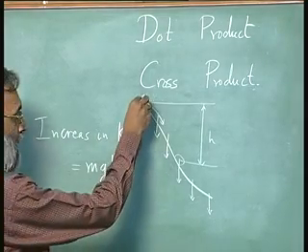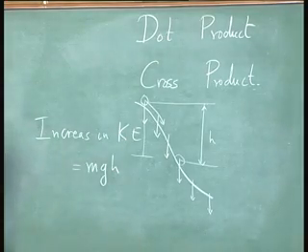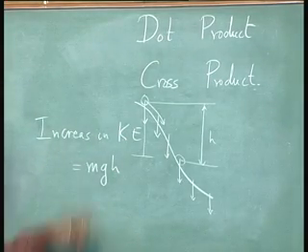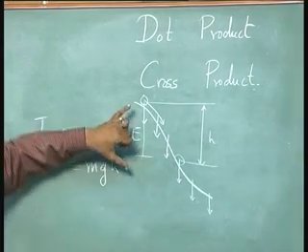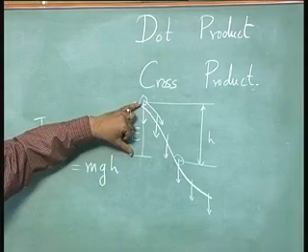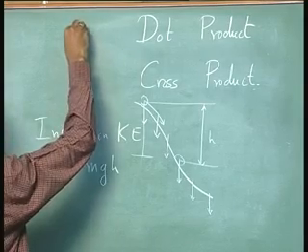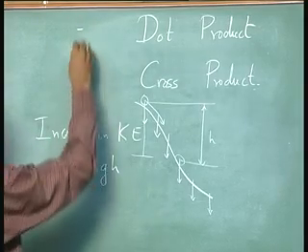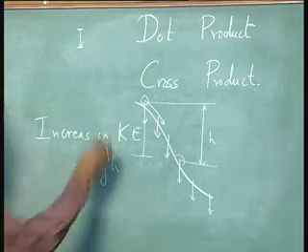But the ball would have gained that same energy had it fallen straight down also. So, it seems that how it fell to this point does not matter, all that matters is how much it fell. So, in other words, if the ball fell from this point to this point straight down, it gained mgh.